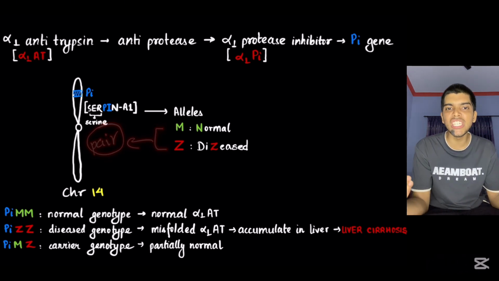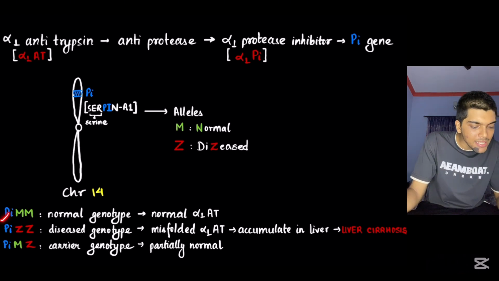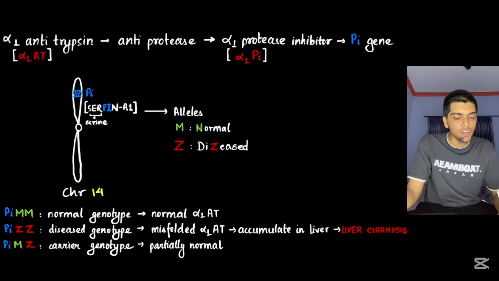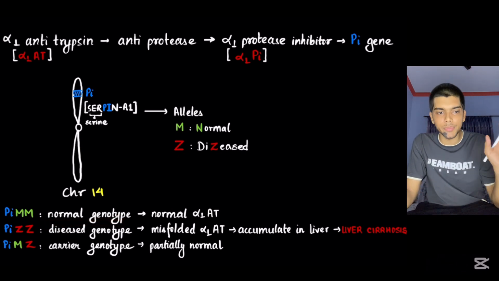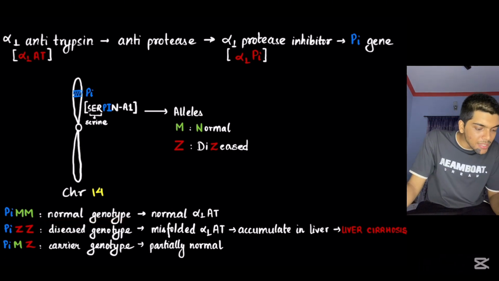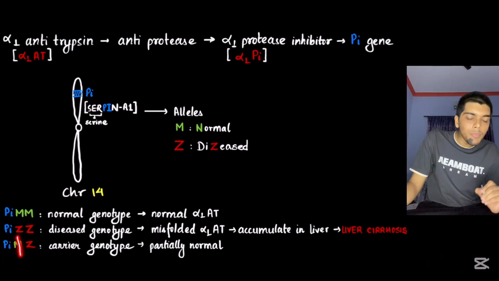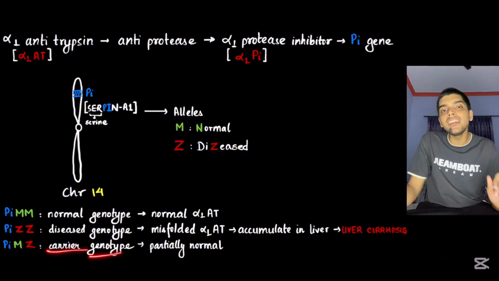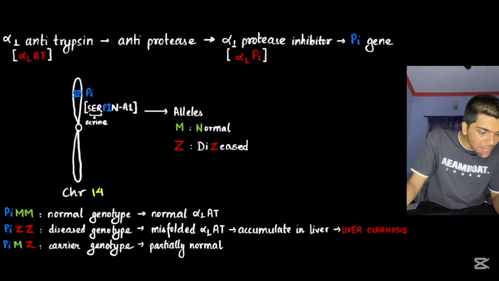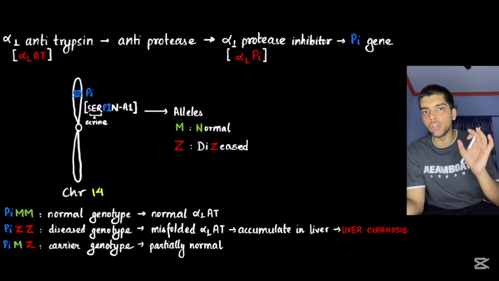Let's look at the various genotypes formed by the allelic pairs. There's protease inhibitor MM, the normal genotype which produces normal alpha-1 antitrypsin. Then there is protease inhibitor MZ, partially normal and partially diseased, a carrier genotype. Then there is protease inhibitor ZZ, the diseased genotype.